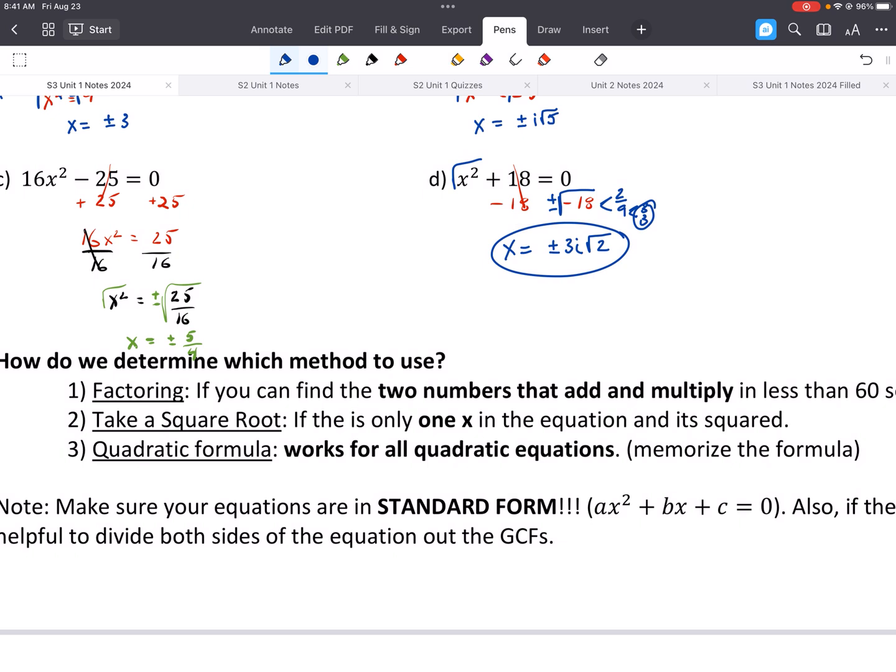And then the quadratic formula works all the time. You have to memorize the formula, and sometimes you forget to put parentheses and you could get mistakes that way. So you just have to be careful when you use the quadratic formula. And also just a quick reminder too is that many of these, like factoring and the quadratic formula, need to be in standard form. Otherwise, it won't work. Okay?